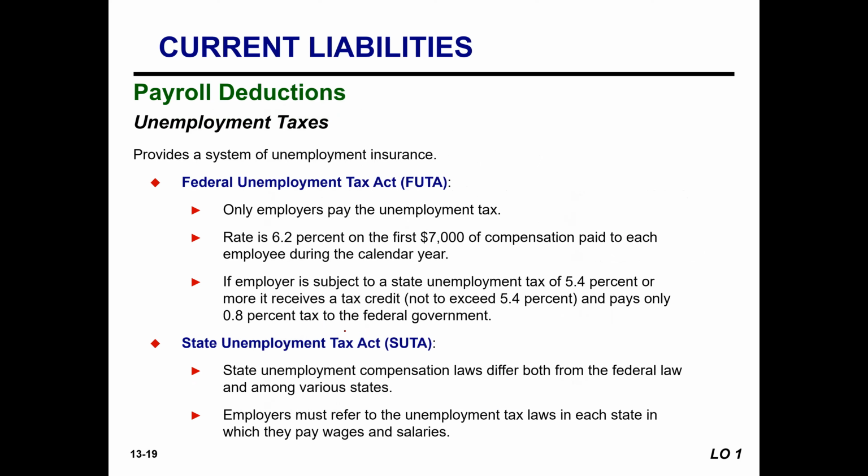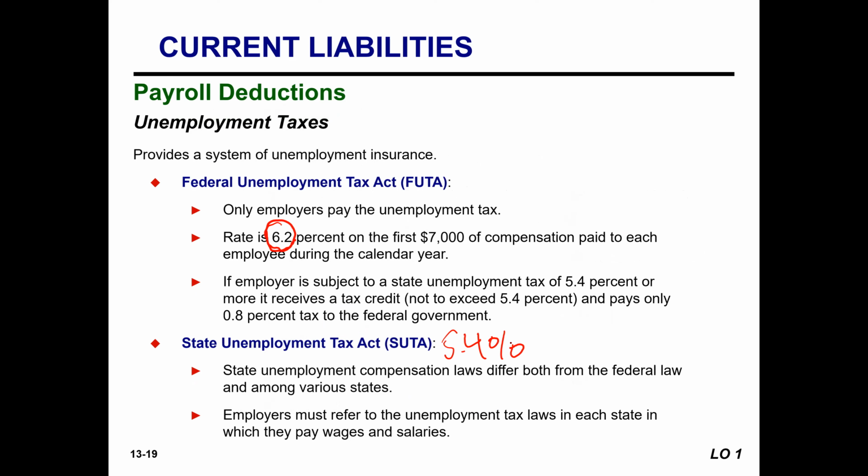Unemployment taxes. So we know that the employer has to pay unemployment taxes on its employees up to $7,000 in wages. And so just like it shows here, the unemployment tax rate is altogether 6.2%, but usually that 6.2 is split between the state is 5.4%, and then you pay the rest to federal.